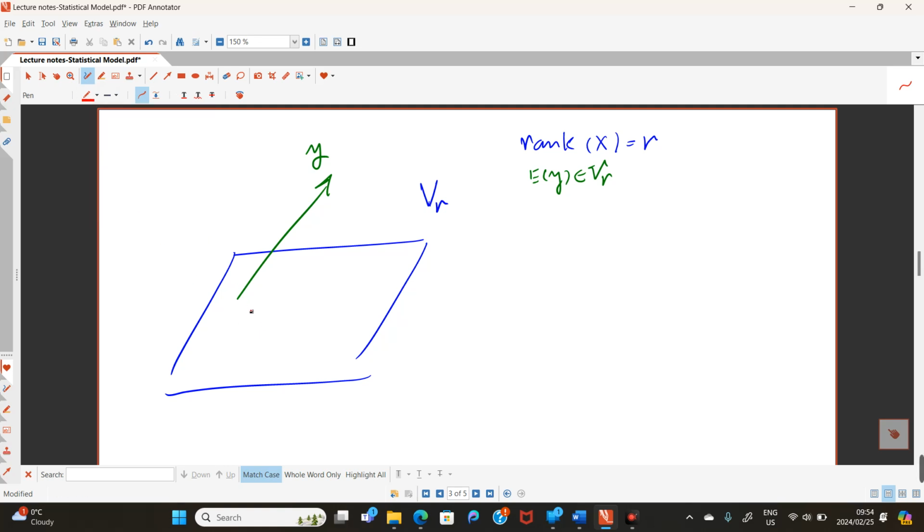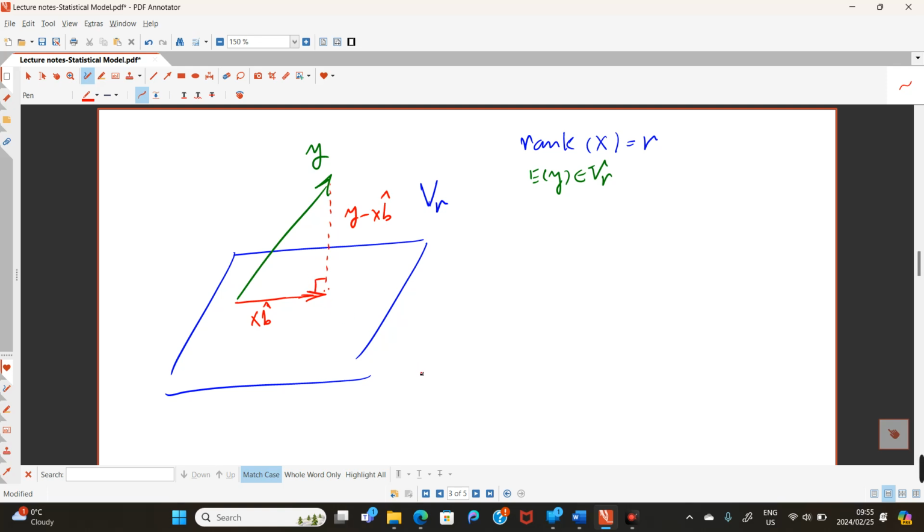Okay, we do the projection, and this is actually the projection. You know that this projection is indeed X b hat, from the theory of projection matrices. And you know that it is orthogonal to y minus X b hat.